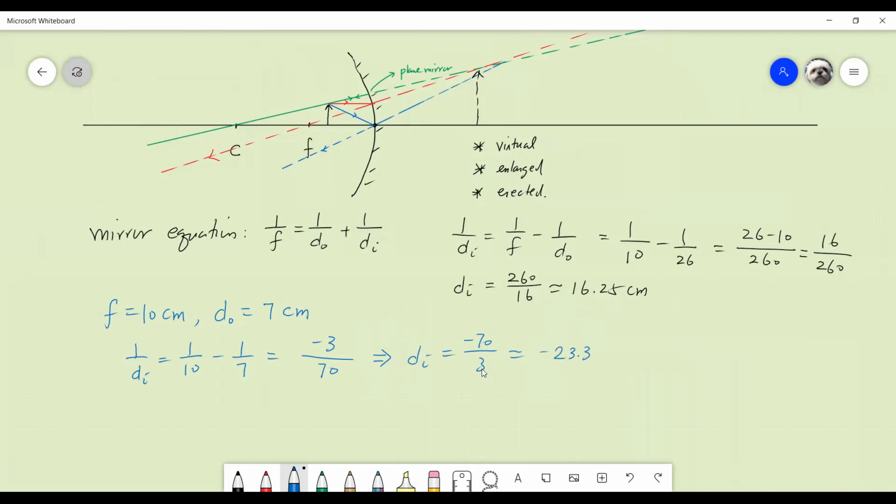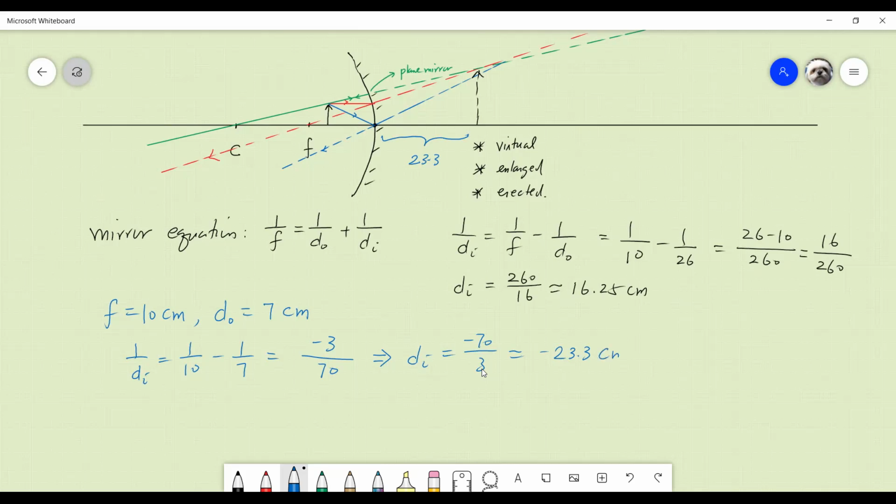Now, my question is, does this distance look like 23.3? Yes or no? Yes, right?